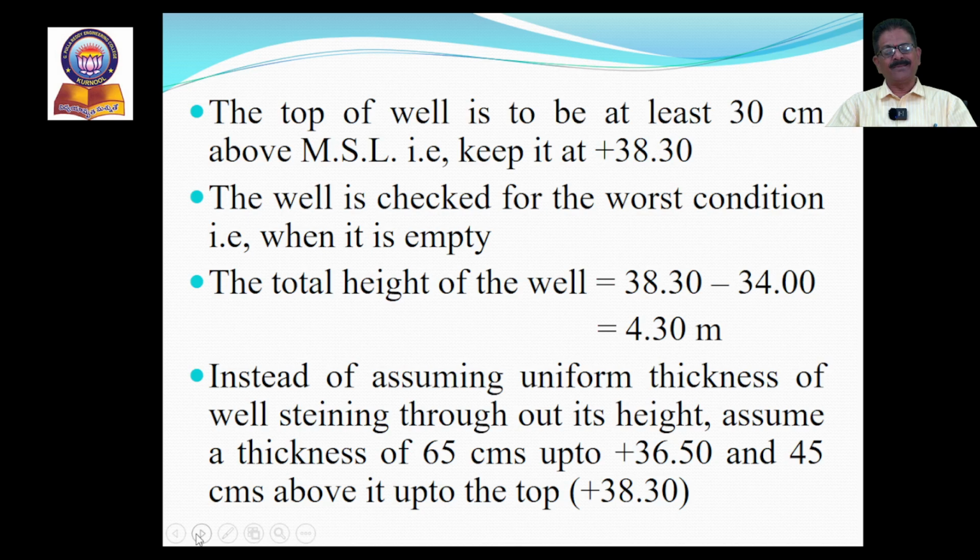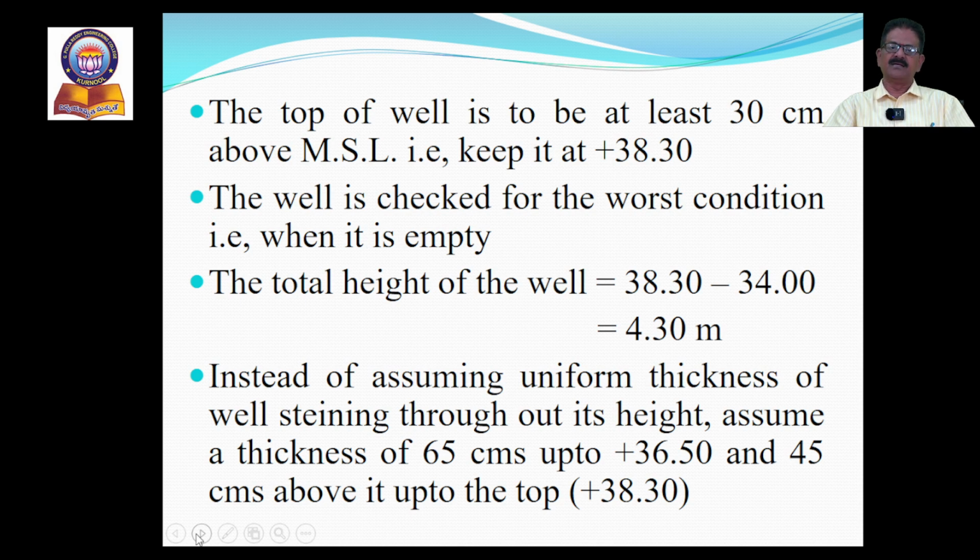Now coming to the dimensions, the total height of the well is, as explained earlier, 38.3 minus 34. Therefore 4.3 meters is the total height of the well. Out of this total 4.3 meters, instead of assuming uniform thickness of well steining throughout its height, it is better to assume two different thicknesses.